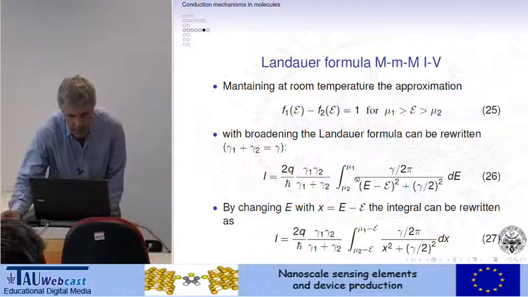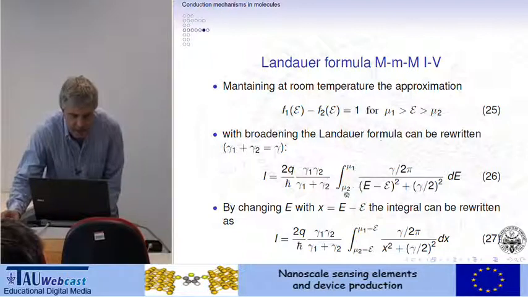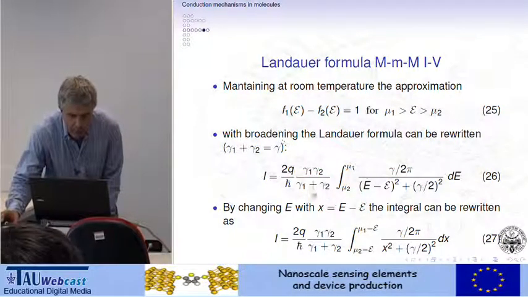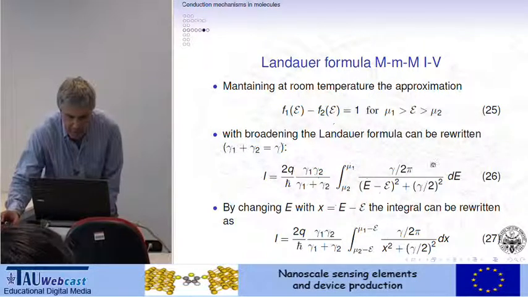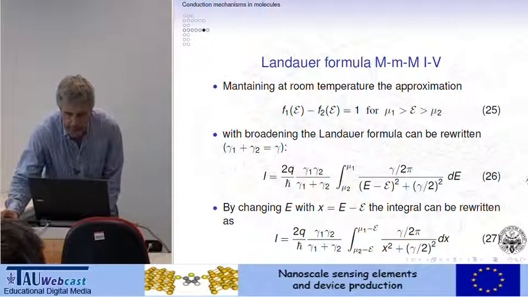Here the integral must now be evaluated only from μ2 to μ1. This is a constant quantity, it can be on the left of the integral. And inside the integral, you have only the state distribution in this form.